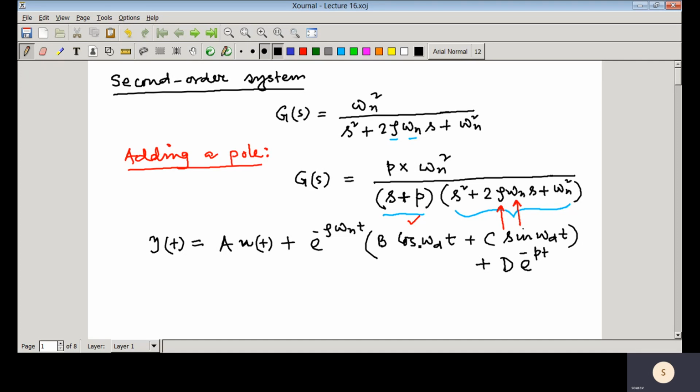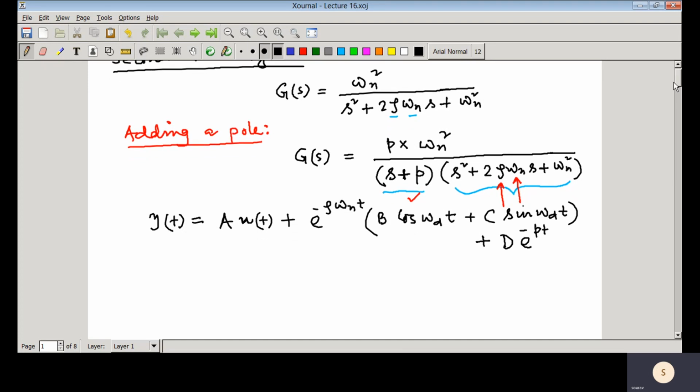Here A, B, C, D are four constants, and we have seen in Laplace transform how to find those coefficients. Here we are not going to find them, because our interest is to see how this particular term, which appears due to the extra pole we have introduced to the second order system, would affect the time response.